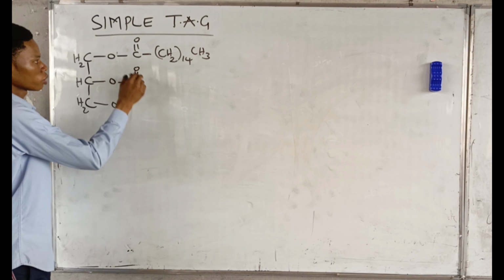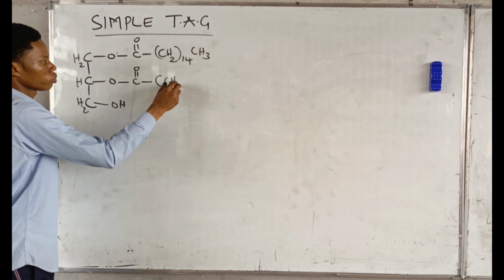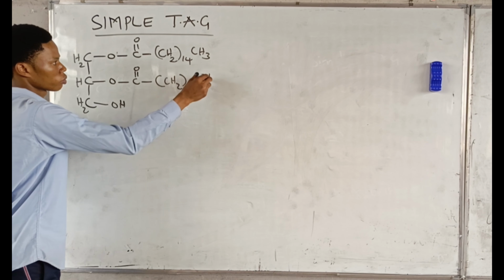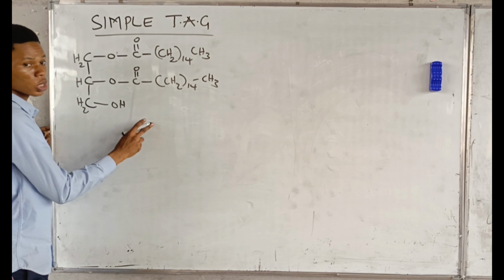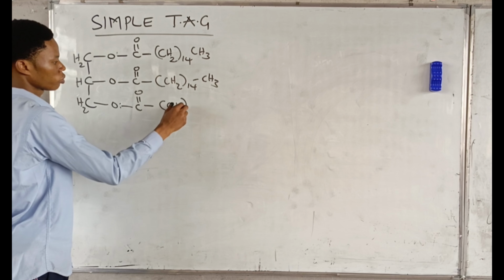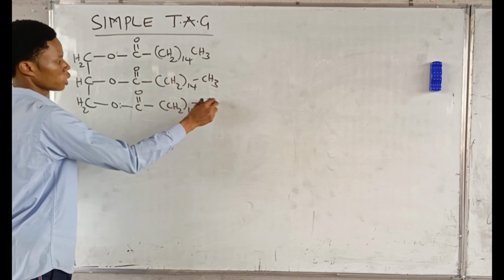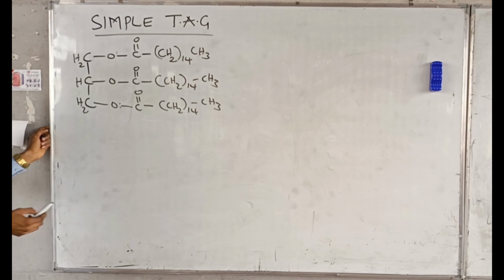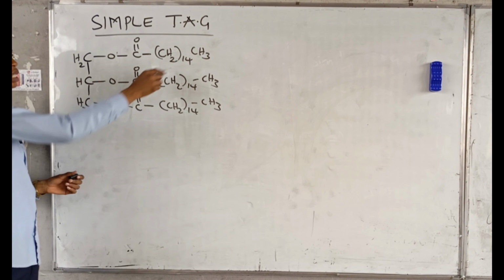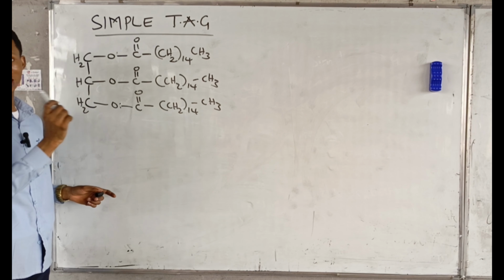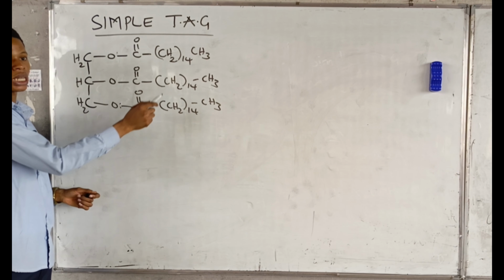Which one is this? Palmitic, right? Which one is this? Still palmitic acid, right? Now, if you notice, the 3 fatty acids attached to this glycerol are the same. Palmitic acid, palmitic acid, palmitic acid.